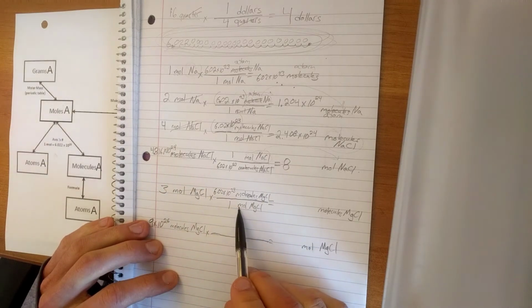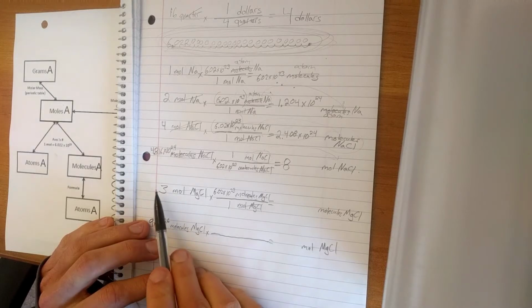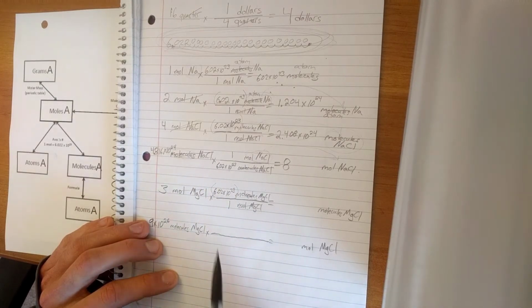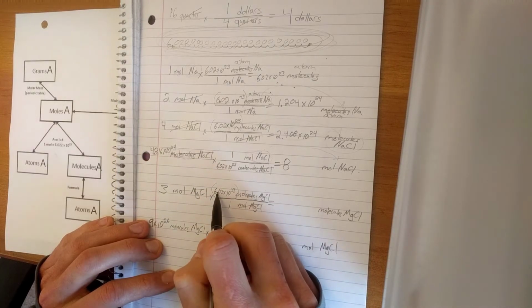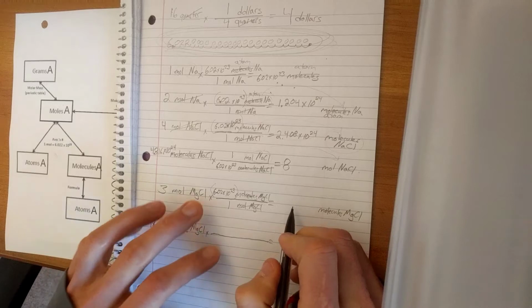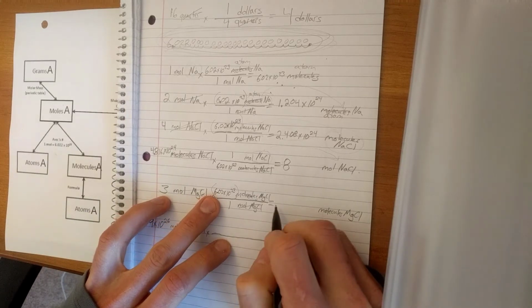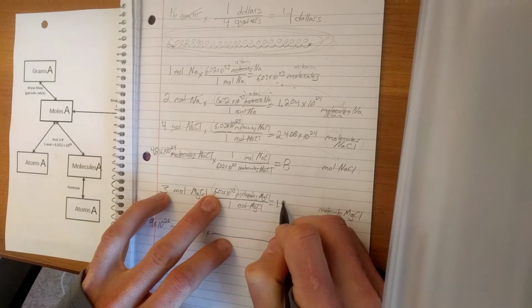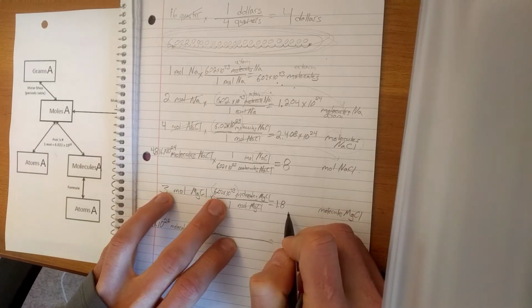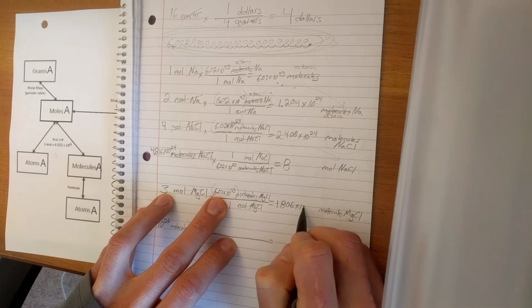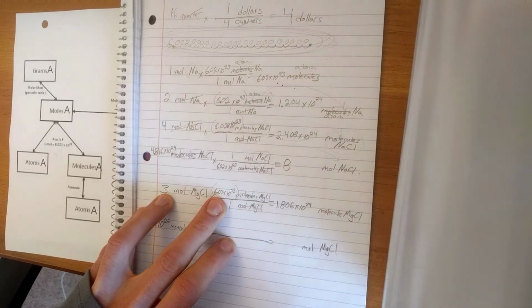Moles MgCl cancels moles MgCl. 3 times Avogadro's number, 6.02 times 10 to the 23rd. Put them in parentheses for safety. Will give you 3 times 6, 1806 times 10 to the 24.